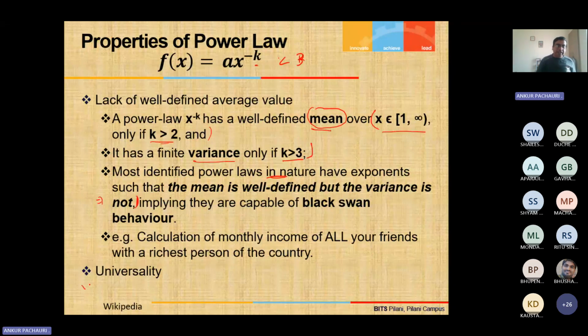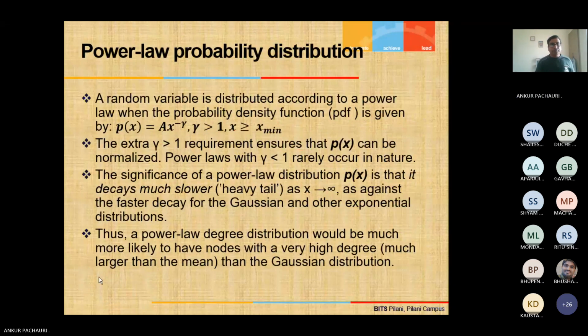And the second is universality, meaning you will find this law everywhere. In terms of distribution, a random variable is distributed according to the power law when the probability density function is given in the form of a x to the power minus gamma, where gamma is greater than 1 and x is greater than some threshold, which is x min.